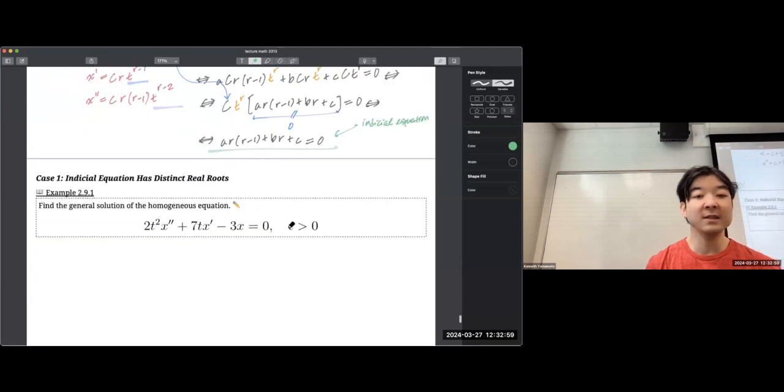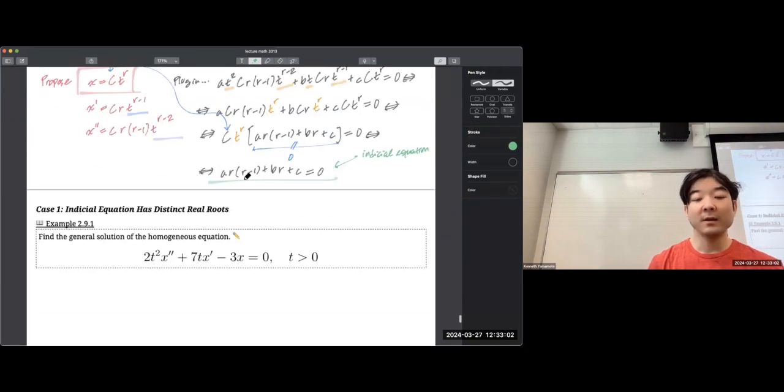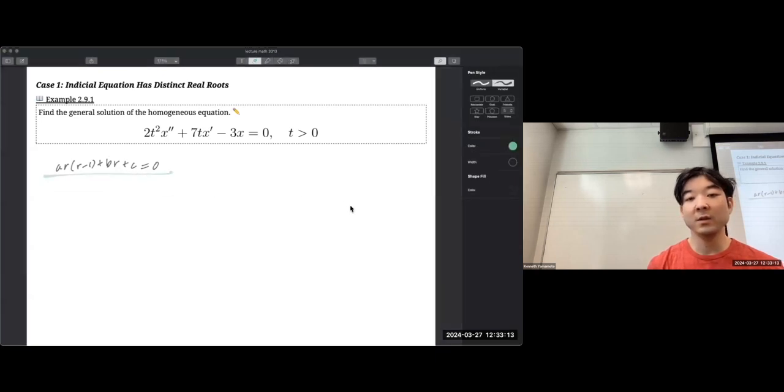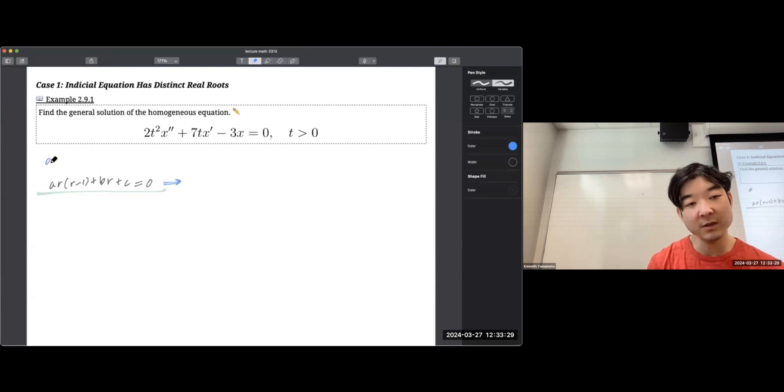So the first case is distinct real roots. I'll just copy the initial equation. So I'll just say this is my initial equation. So if we wanted to solve this differential equation, from reading from this equation, this is the initial equation that you'll get if you had an Euler equation that's of this form.